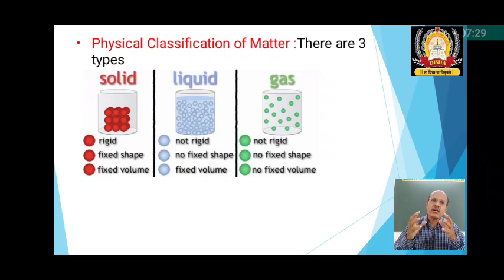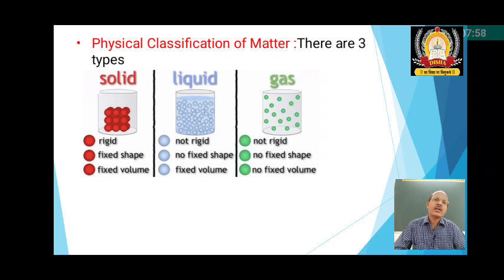In liquids, the constituent particles are a little bit far away from one another. Hence, they develop a volume, but they do not develop a definite shape. So that is the characteristic property. You can say liquids are not rigid, have no fixed shape, and have a fixed volume. That is about the liquid.